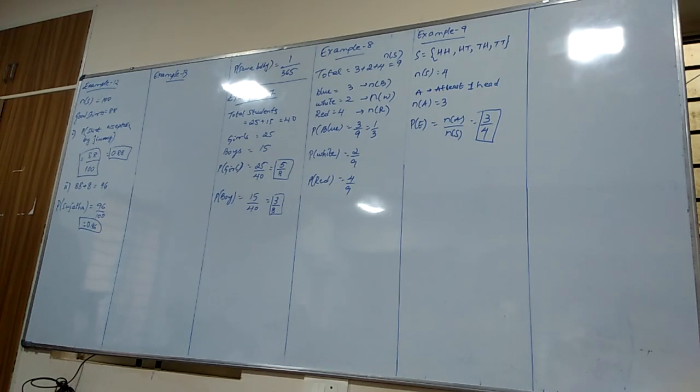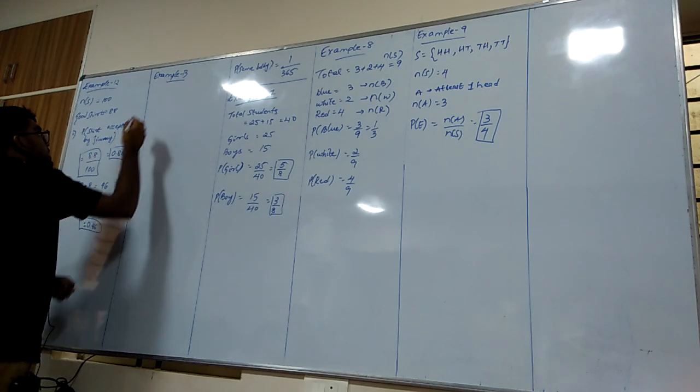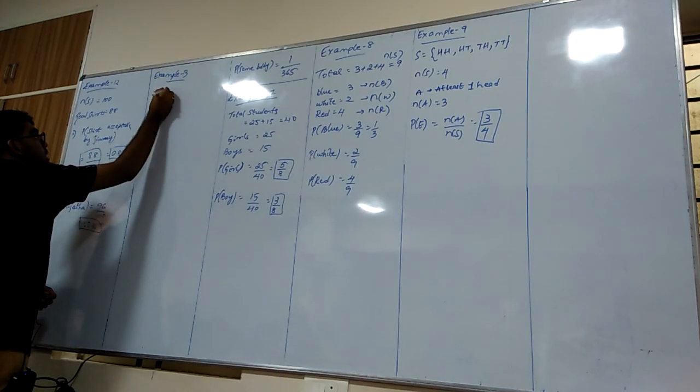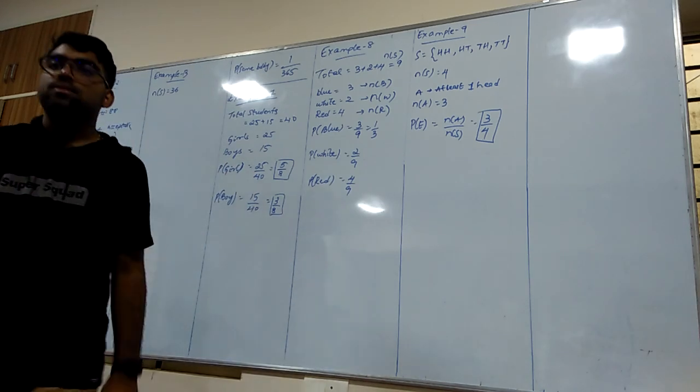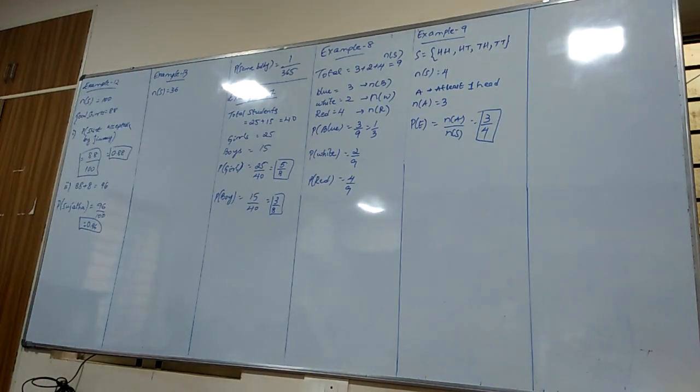There are 3 different scenarios. So total number of items in the sample space is 36. How? For one dice it is 6, for the other dice it is 6. 6 cross 6, 36.